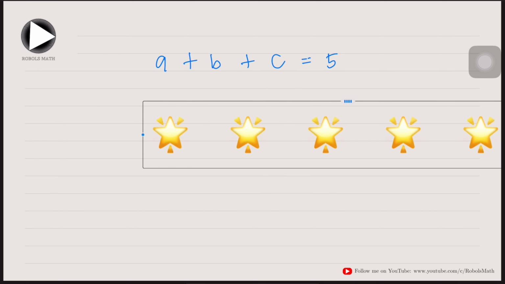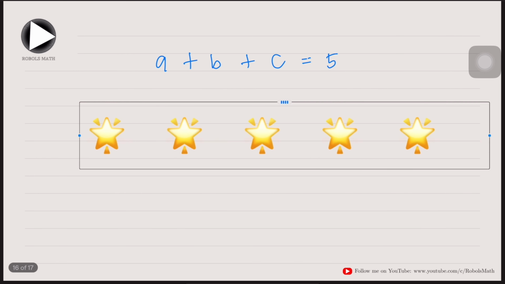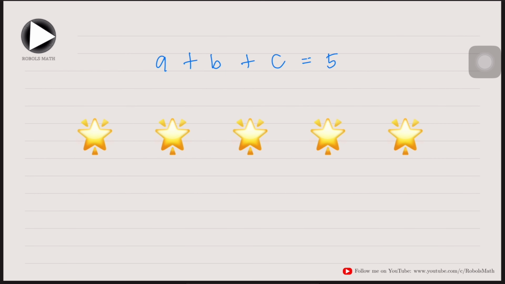Let's say we want to find the number of non-negative solutions for the integer equation a plus b plus c is equal to 5. We can consider the number of solutions as finding the number of divisions of 5 stars. Because we have a total of 5, we can consider 5 stars. If we do some divisions, we call those divisions bars.